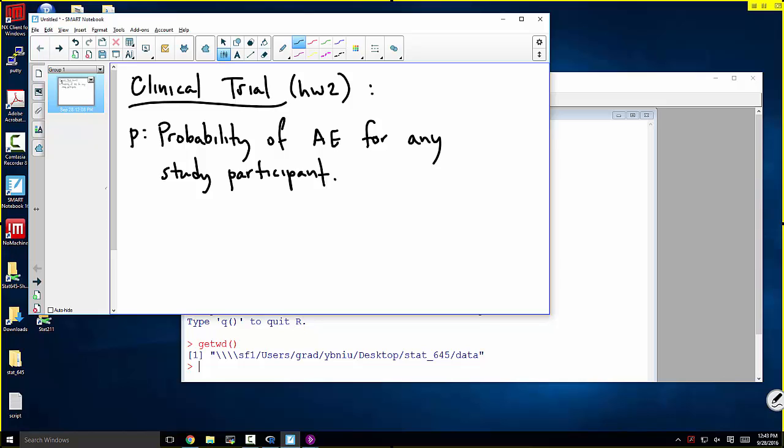And we put a prior distribution on this parameter.